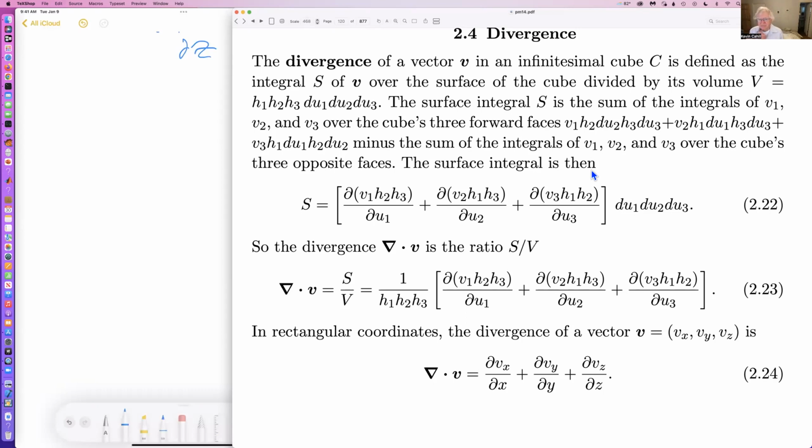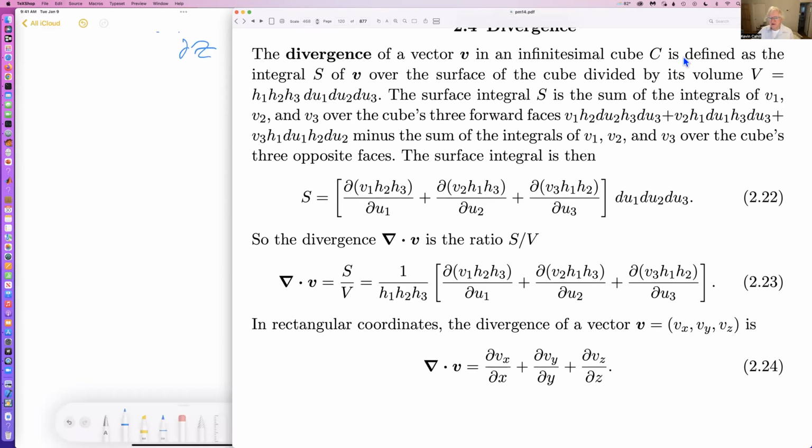The next concept is the divergence of a vector. The definition that I'm using here is that the divergence of a vector in a tiny cube is its integral over the surface divided by its volume.